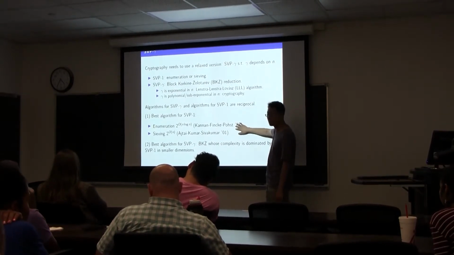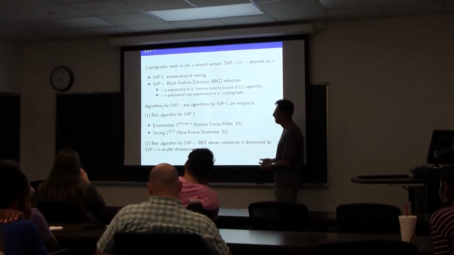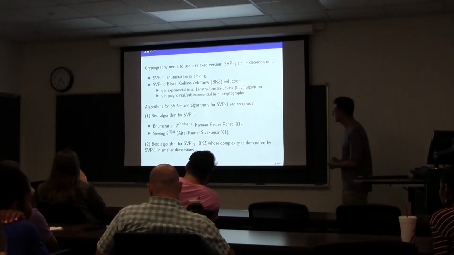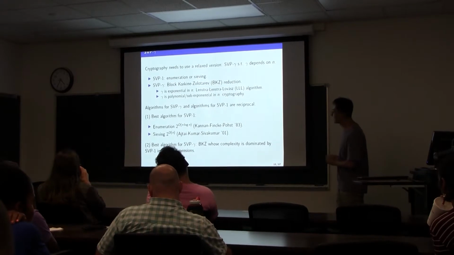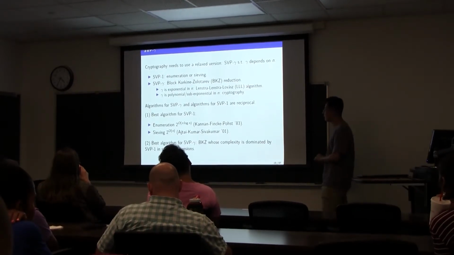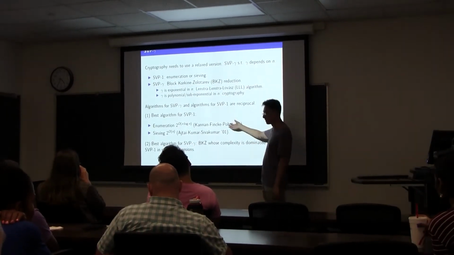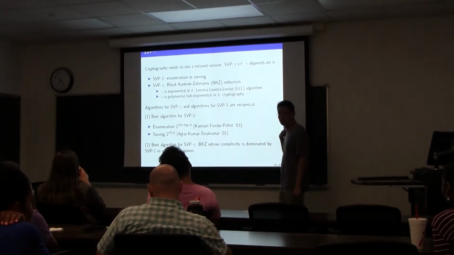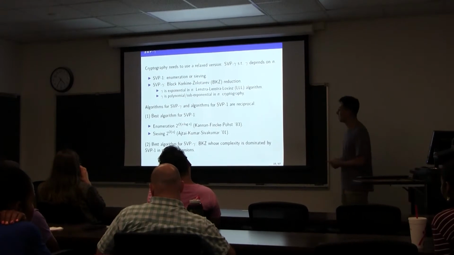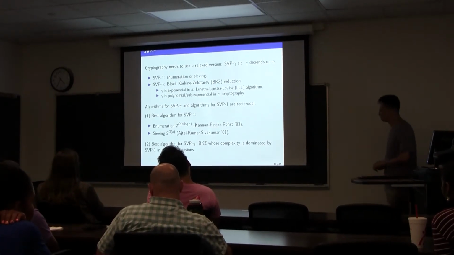The first one is called enumeration, the second one is called sieving. They have different asymptotic running times. The first one is 2 to the n log n, the second one is 2 to the big O of n. But in practice, people found a different situation. Enumeration usually runs faster than sieving, maybe because of the constant hidden in the big O.